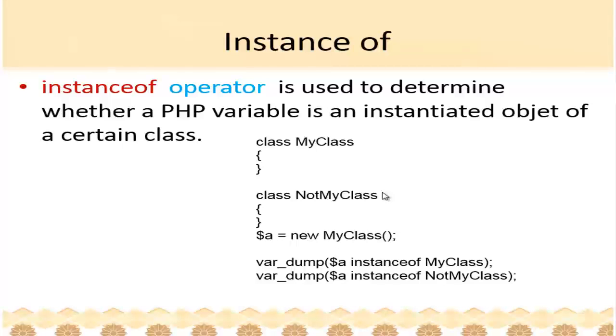So I can say: is A an instance of MyClass, or is A an instance of NotMyClass. This is used to verify whether a given object is of the type of a given class.